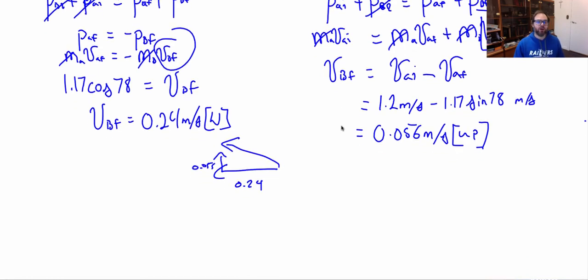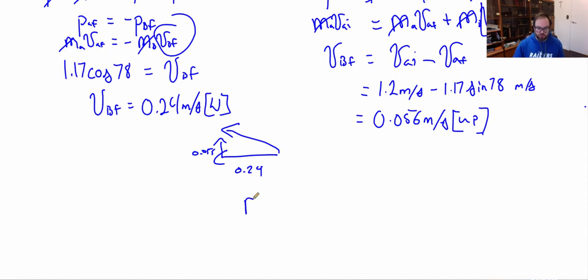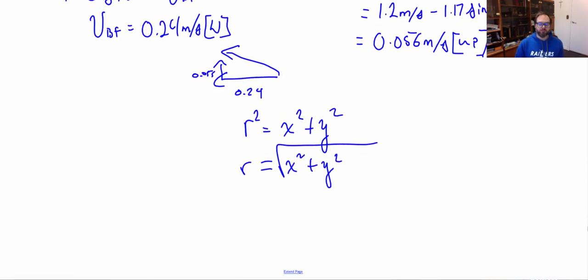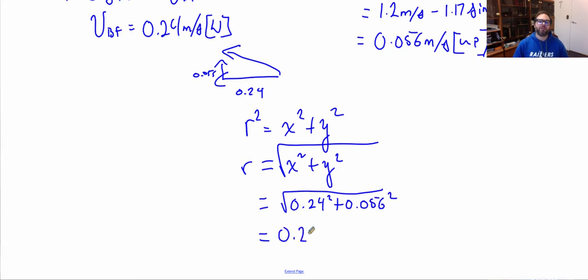So let's first find my resultant. We know r squared is equal to x squared plus y squared. We want to isolate for r, so we're just going to square root everything. So let's substitute everything in, which gives me the square root of 0.24 squared plus 0.056 squared. And that will end up giving me a velocity of 0.25 meters per second for my resultant.